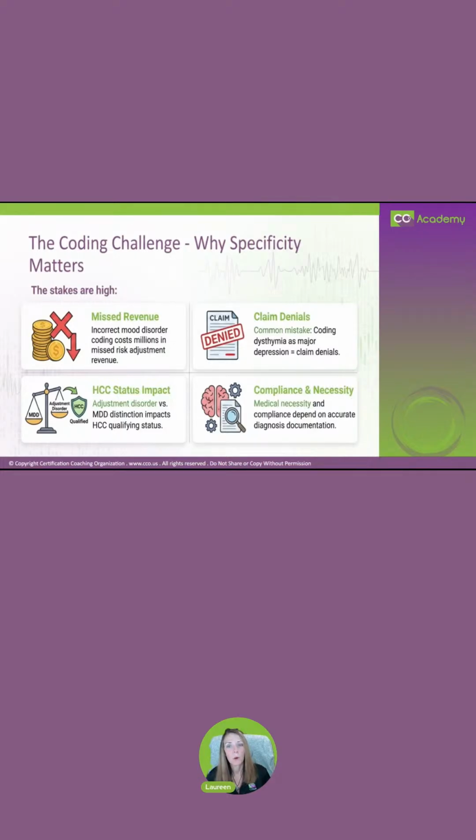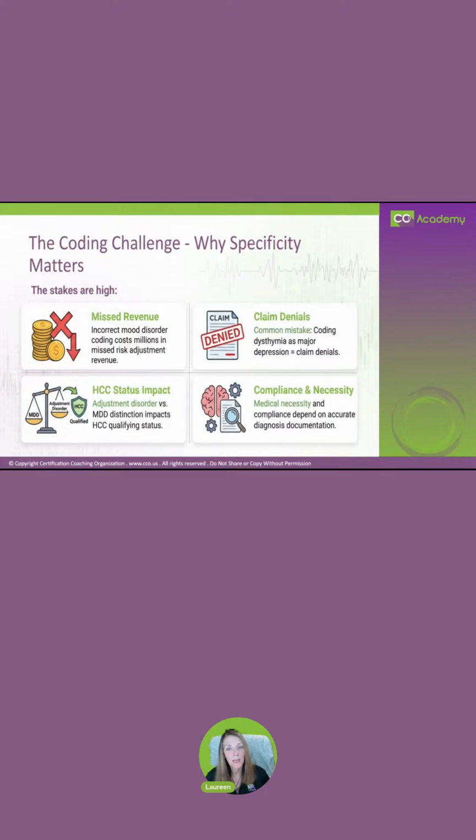One of the most common mistakes we see is coding dysthymia as major depression, and when you do that, you're going to get claim denials really quickly. And then there's the HCC status impact. If you code adjustment disorder when it should be major depressive disorder, then you're going to miss out on that HCC 59 qualification. That's where the money is left on the table and those millions of dollars come in.